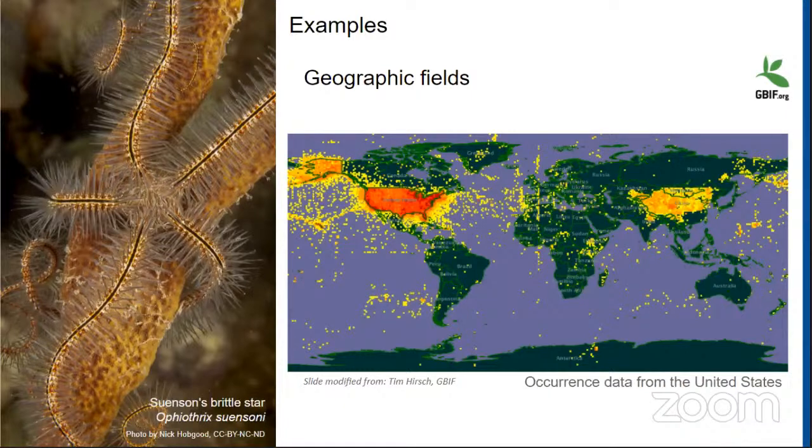So this is data from the United States shared through the GBIF network, and we can see that the distribution of the records is worldwide. And I want to show you a couple of patterns here. The first pattern is this line. If you have not observed it, I will go back.